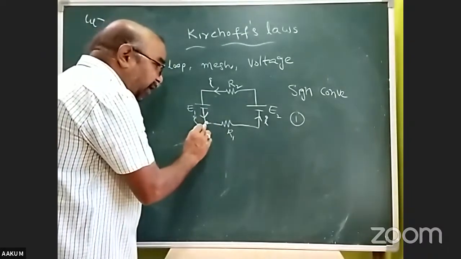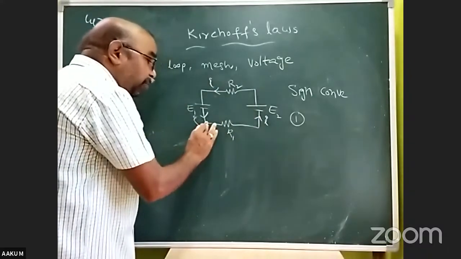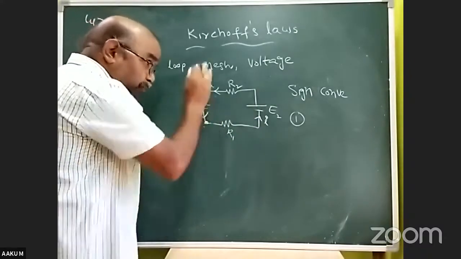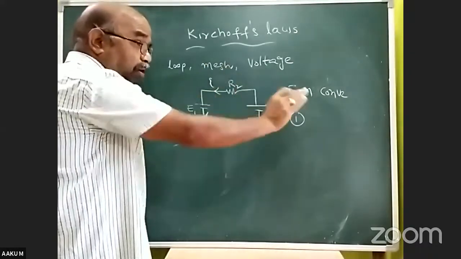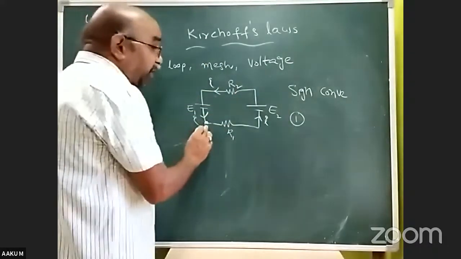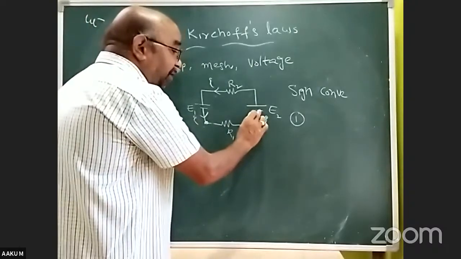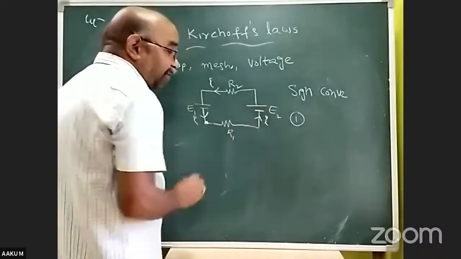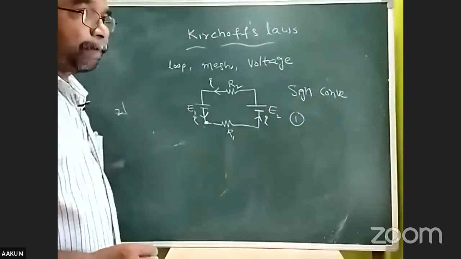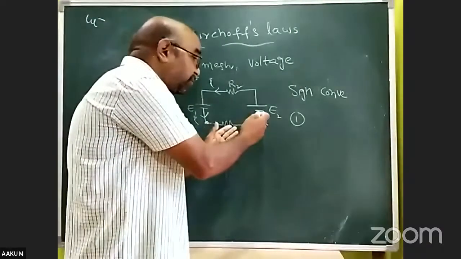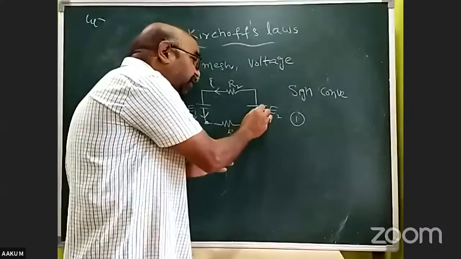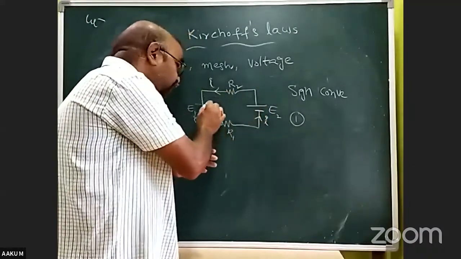I'm starting here and finally I have to come back here to get a mathematical equation between the electromotive forces and potential drops. I started here, I approached the cell, and coming like this.